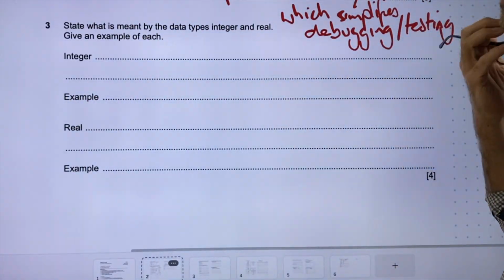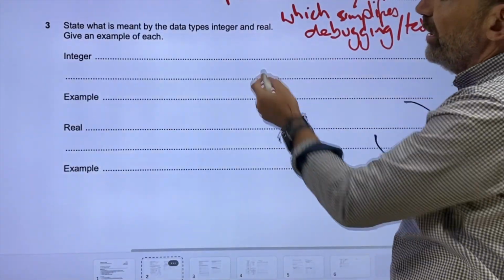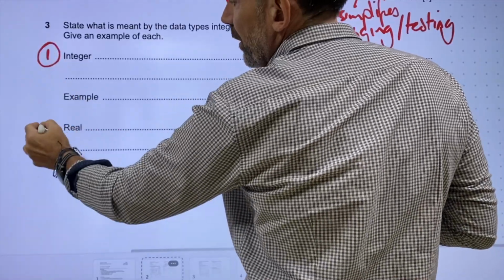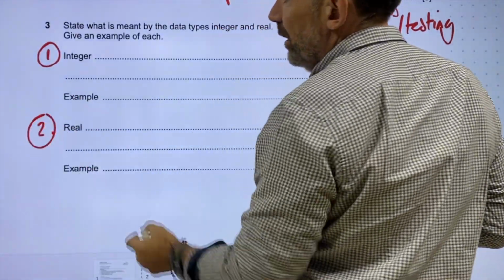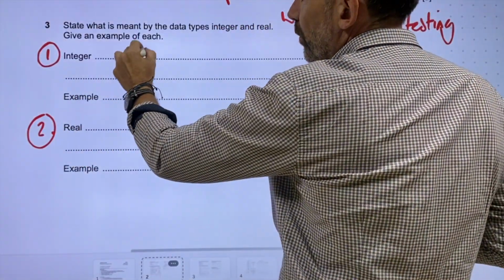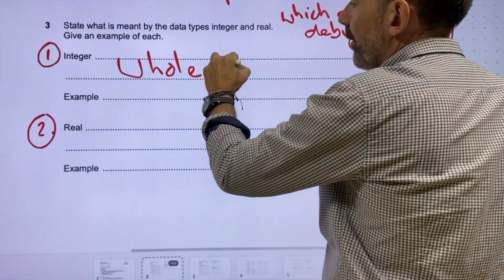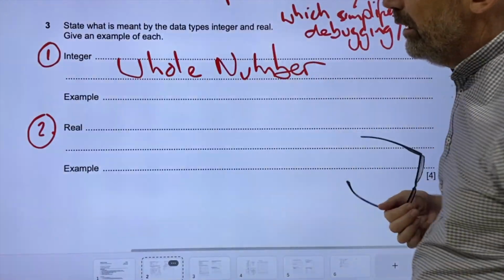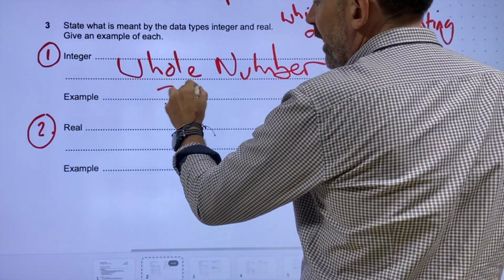State what is meant by the data types integer and real. So we've got 2. We've got 1 integer and we've got 2 real. An integer is a whole number, e.g. 38.